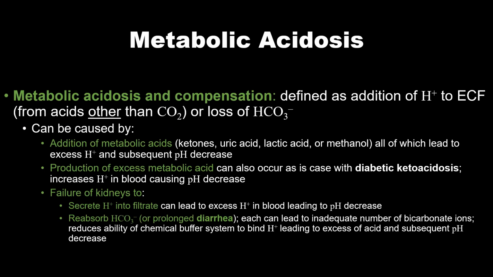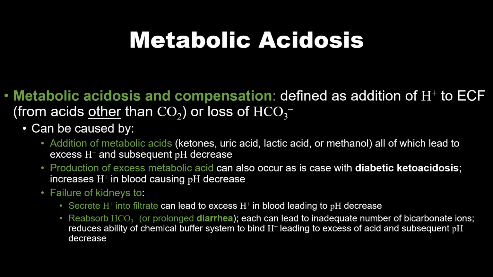So metabolic acidosis is really defined as the addition of hydrogen ions to the extracellular fluid from any acid other than carbonic acid. This term refers to the fact that it can result from metabolic acids, like lactic acid, uric acid, or ketones.